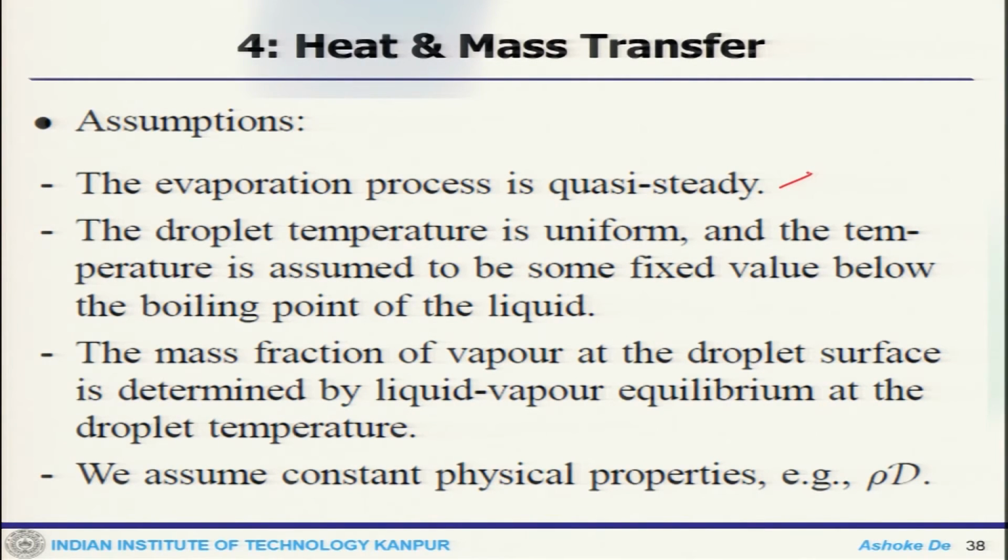Then the droplet temperature is uniform and is assumed to be some fixed value below the boiling point of the liquid. So, that is another important point. Then the mass fraction of vapor at the droplet interface is determined by liquid vapor equilibrium at the droplet temperature, and also we assume constant physical properties like rho d.